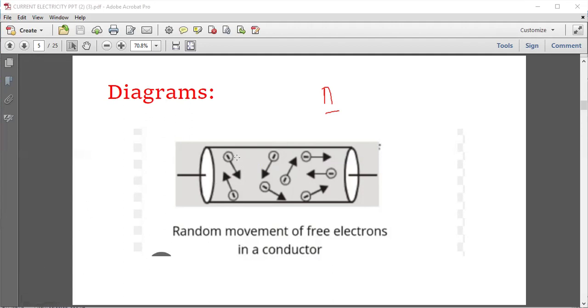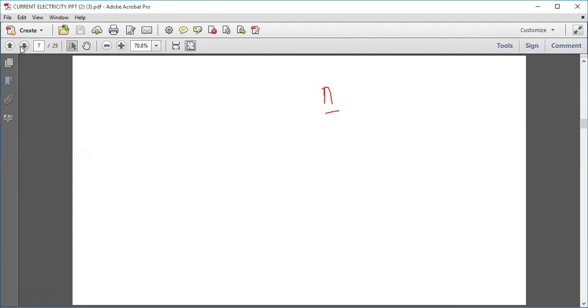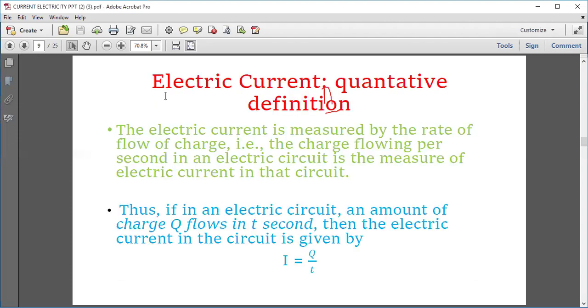Now what will be the amount of electric current? Current का कितना magnitude होगा? So see here, how will you measure the electric current? Electric current is measured by the rate of flow of charge. It is the charge flowing through a conductor in 1 second.